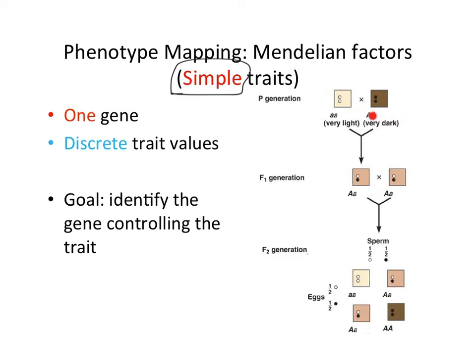So if you have 2 black alleles, then you have dark skin color. If you have 2 of the white alleles, each of those dots representing a little a, then you have light skin, and the heterozygote has an intermediate color. So you see there's the 1 to 2 to 1 genotype and phenotype ratios you expect from a monohybrid cross.